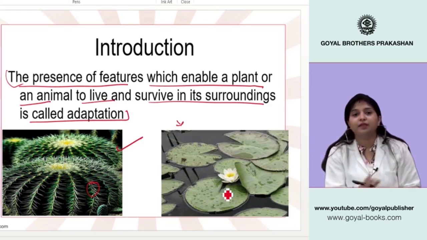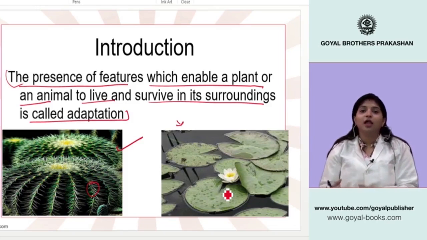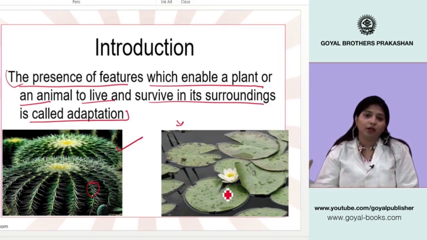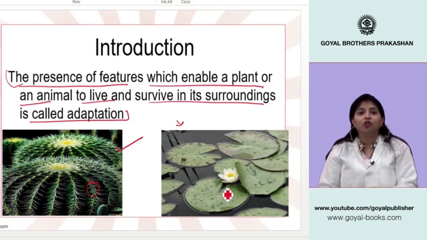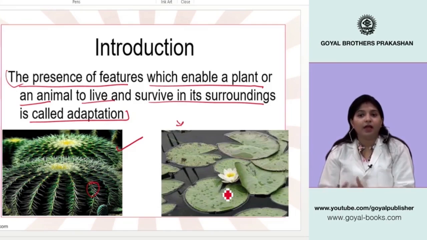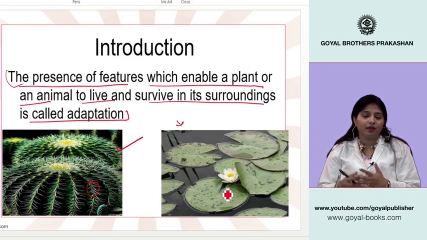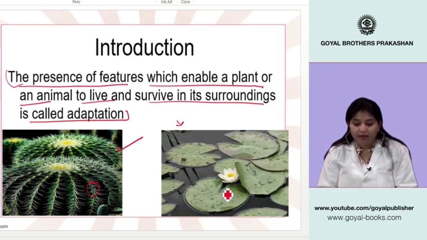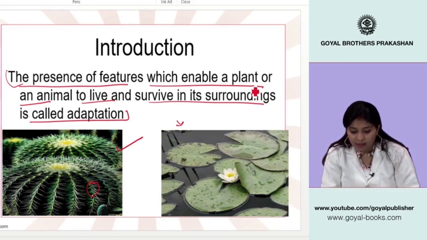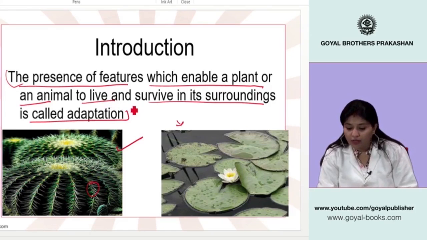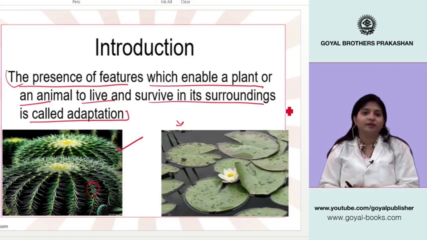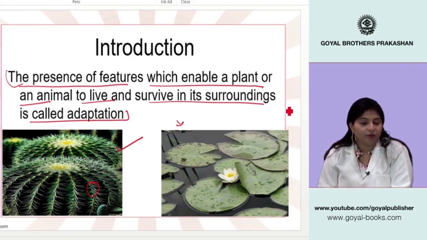So if we see a particular organism or plant, by looking at the modifications it has, we can to an extent identify the kind of habitat it is living in. In this way we can define adaptation as the presence of features which enable a plant or an animal to live and survive in its surroundings. I hope you were able to understand the definition and the importance of adaptation.